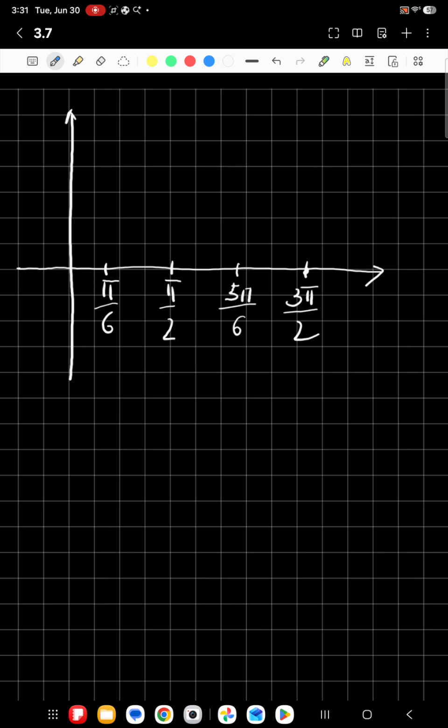The graph looks something like this. It goes up through here and then goes down. I'm not doing a good job. Okay, let me try again. So up here, and then we go down across the x-axis. Then it makes a little squiggle here and keeps going up.